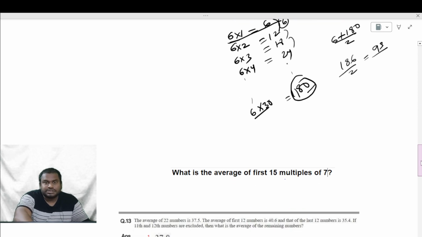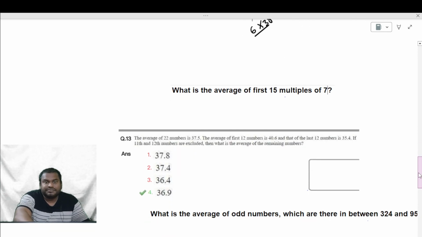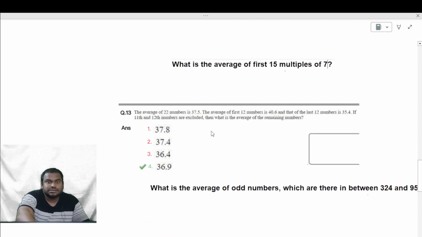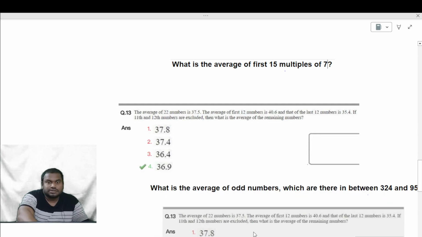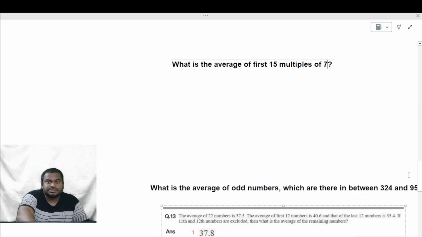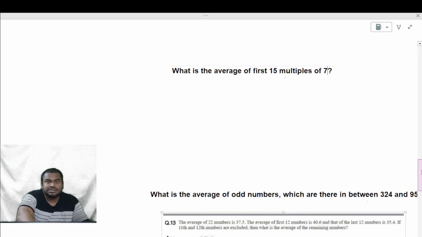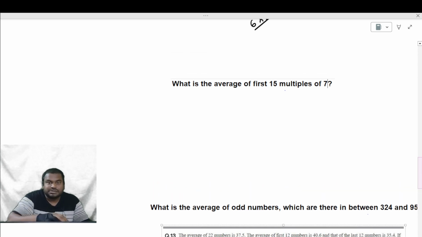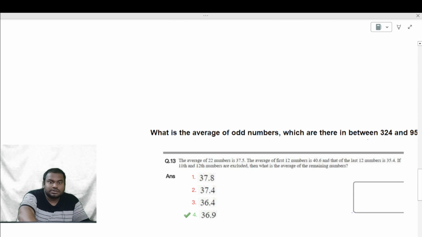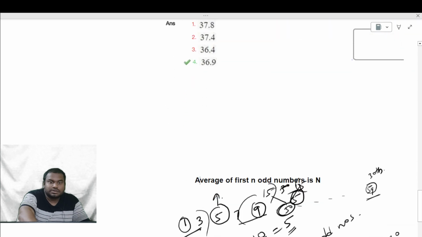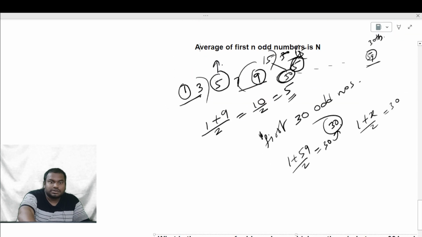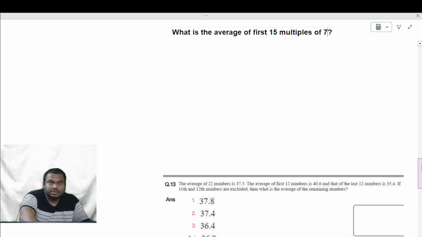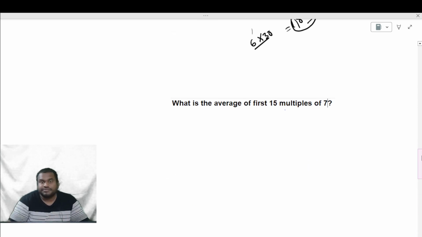The next question: what is the average of the first 15 multiples of 7? Same thing as before.